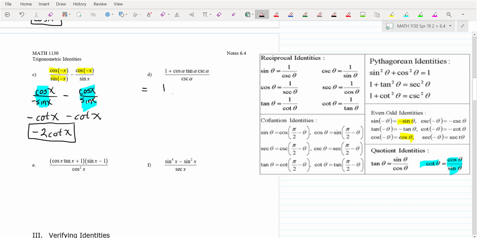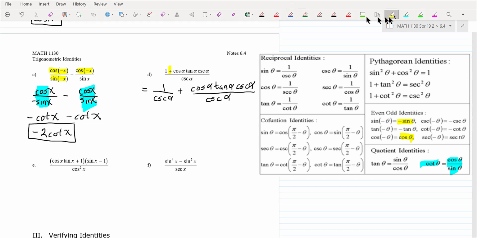So you could actually write this as 1 over cosecant of alpha plus cosine of alpha, tangent of alpha, cosecant of alpha all over cosecant of alpha. Okay, like that. So you can split it up. That's something you want to make sure you know how to do, is if the numerator has a plus or minus sign separating stuff, well, you can divide that fraction up.